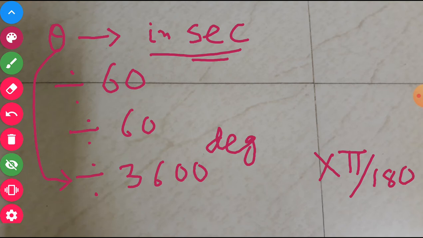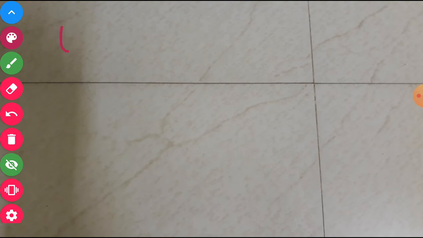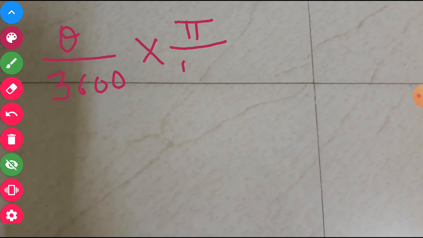So the process is like this: if theta is given in second, you divide it by 3600, and then you multiply it by pi upon 180.